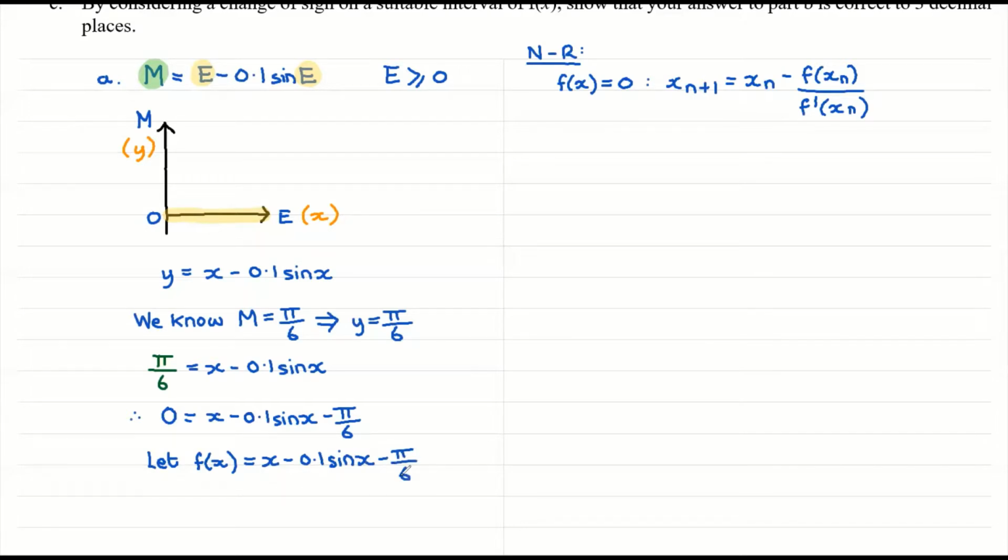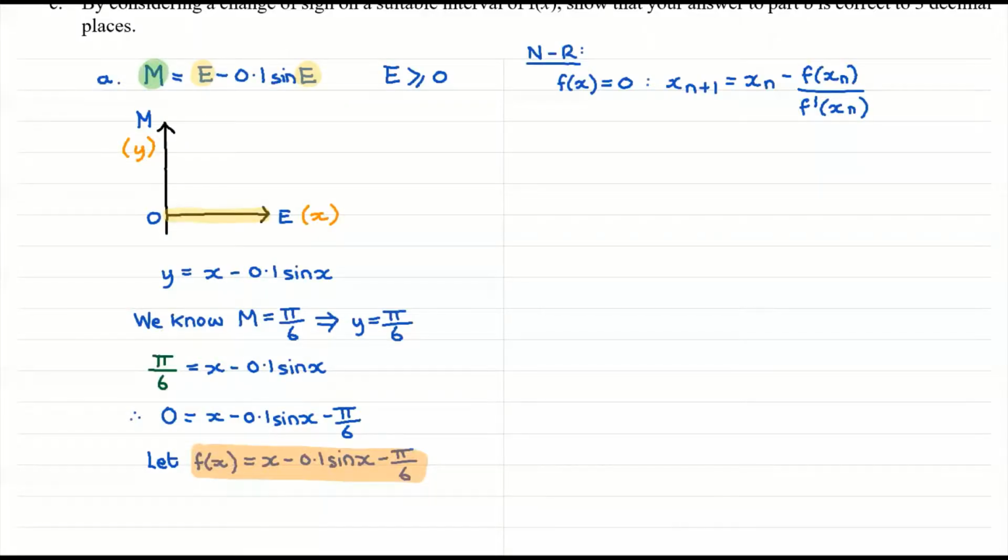And this is the equation we're going to use for our Newton-Raphson method. So I hope that makes sense. We know that when f of x is equal to 0, that will give us the solution that we need, which fits with the mean anomaly being pi over 6. Okay, so let's go and use our Newton-Raphson method now.